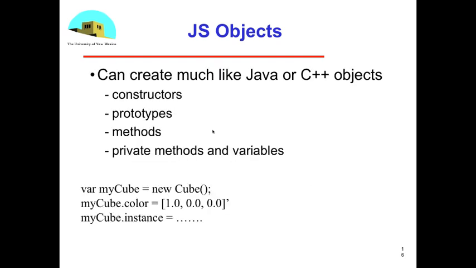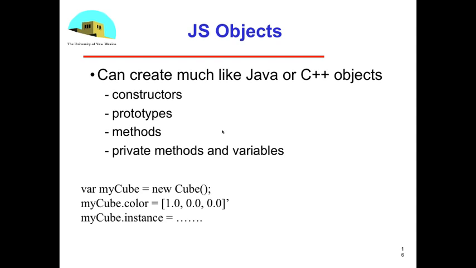Now, as I said, in JavaScript we have prototypes. We can create objects with constructors just as we would in Java or C++. We can have methods. We have ways of hiding things so that we have essentially private parts of the object.